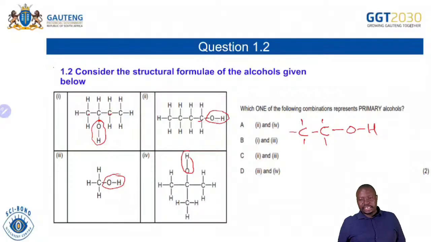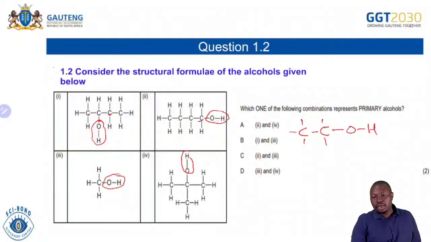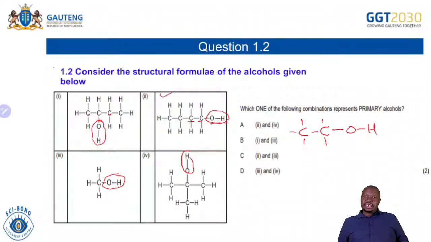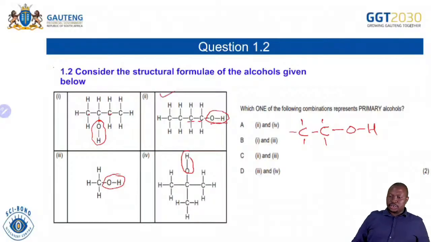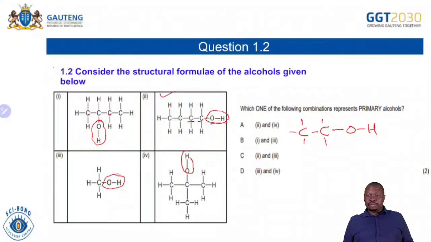It's not bonded to any other carbon, because for methanol we only have one carbon. So there is no way that carbon can be bonded to another carbon. So that is an example of a primary alcohol. So we have primary alcohol in Roman figure 2 and Roman figure 3.